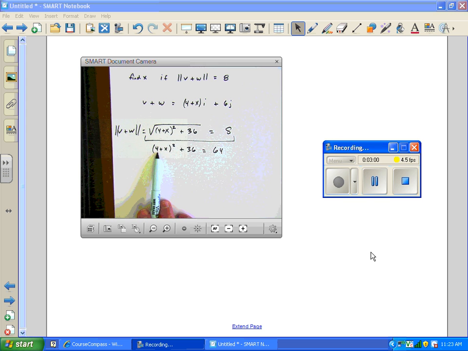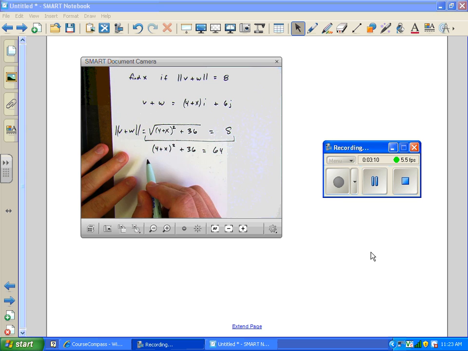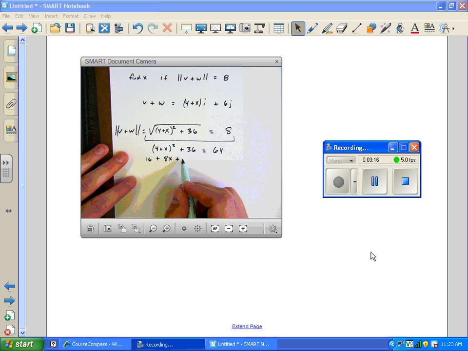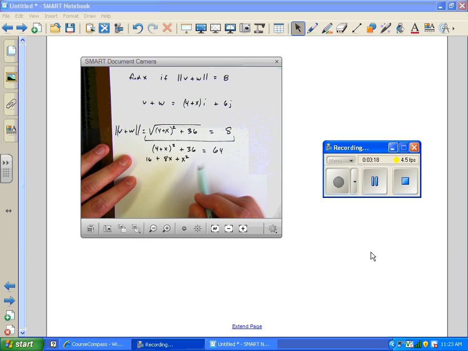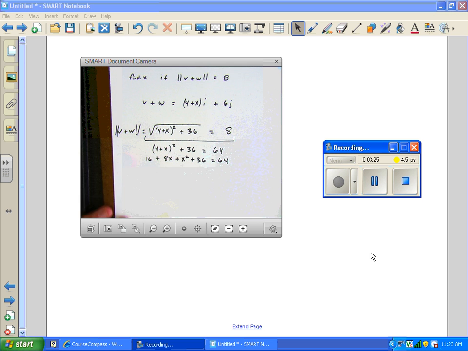Remember how to expand this. You can say 4 plus x times 4 plus x and follow it. Let's do the shortcut: square, square, twice the product. So it would be 16 plus 8x plus x squared plus 36 equals 64.